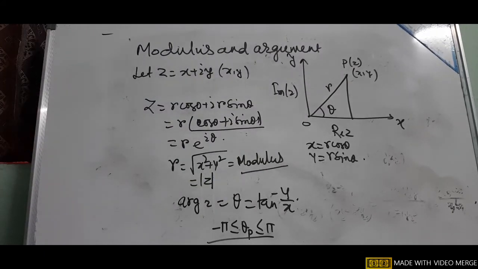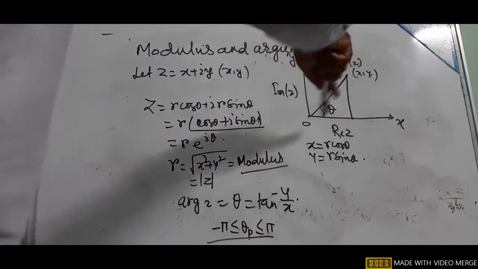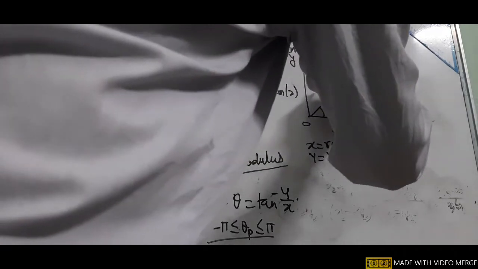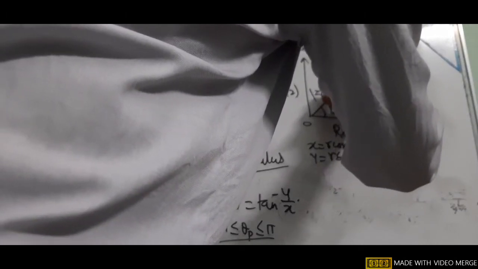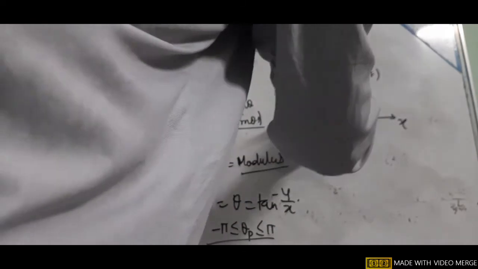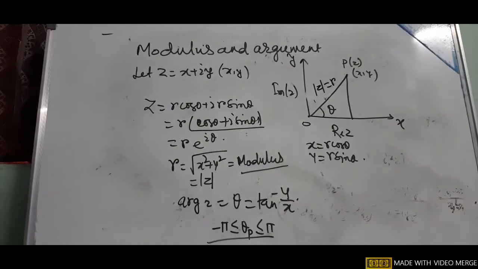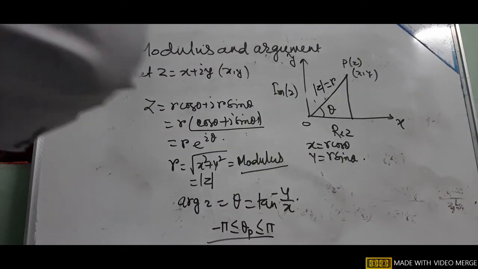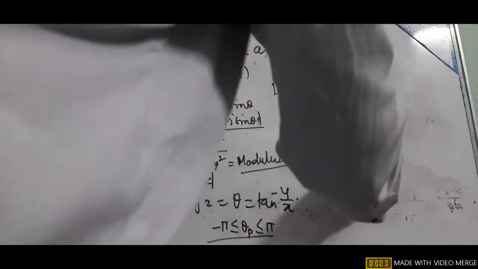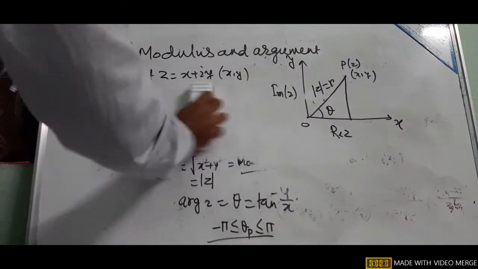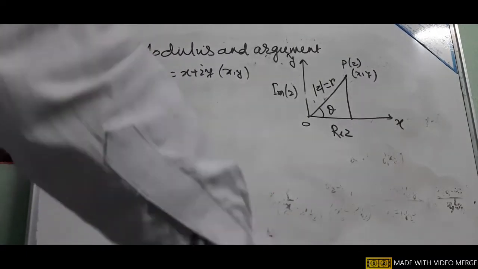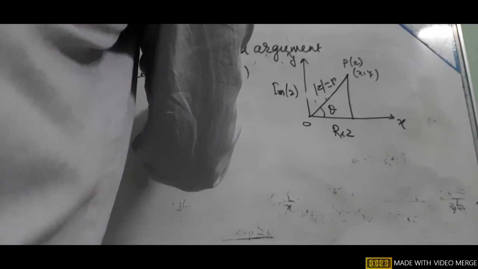Next we come to the graphical representation of the complex number. Here modulus z equals r, so mod z equals r. If we want to find the complex conjugate of z equal to x plus iy, the complex conjugate equals x minus iy.